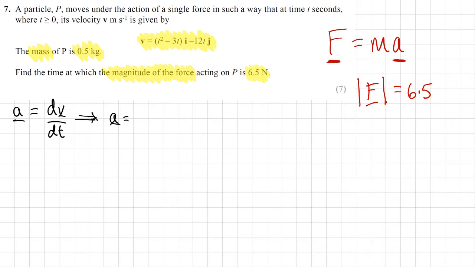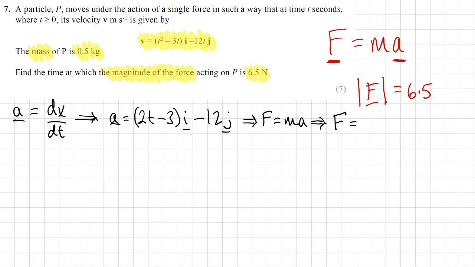So that will give us 2t minus 3i minus 12j. So there's our acceleration. So if I do F equals ma, then I will have the force is equal to 0.5, and I'm going to write the acceleration as a column vector. So it's 2t minus 3, minus 12 at the bottom, and if I work that out, I'll get t minus 3 over 2, or 1.5, minus 6.